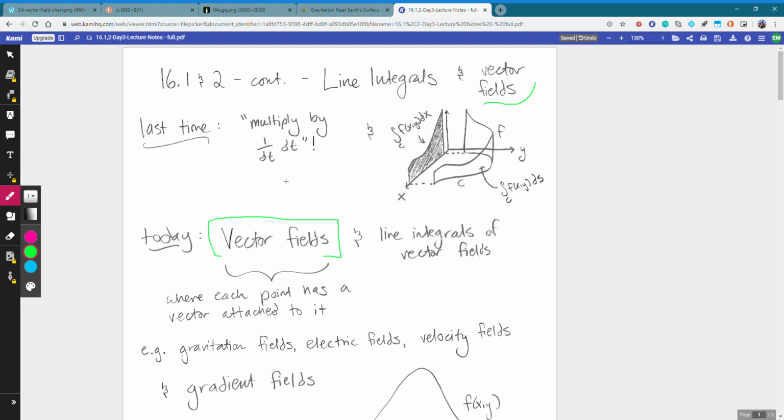But to recap, where we were last time is we saw that we have a nice catchphrase that allows us to see how a line integral is going to translate in terms of a parameterization of the curve.